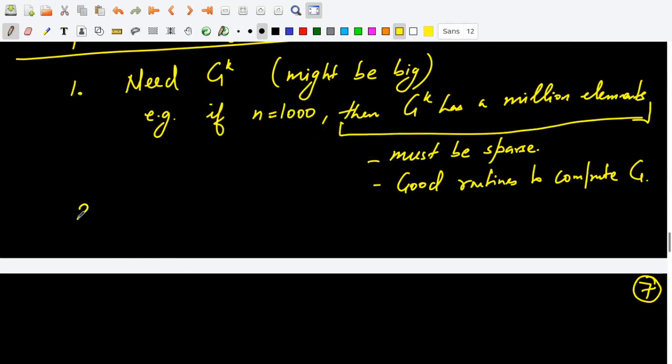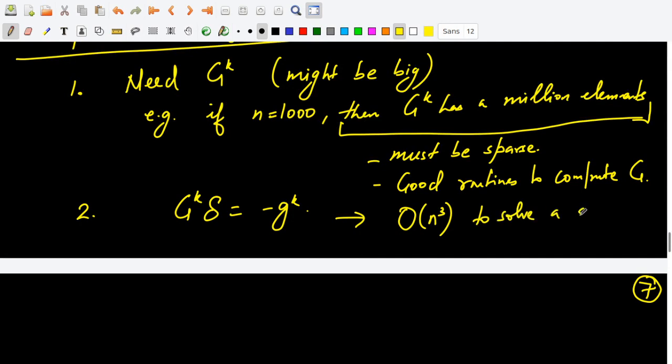The second difficulty is that once we have gradients and Hessians, I need to solve this system of equations. So again, if I have n variables, it takes order n cube, so roughly some constant times n cube steps, to solve a linear system in n variables.